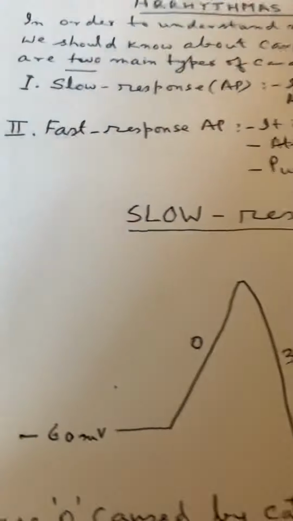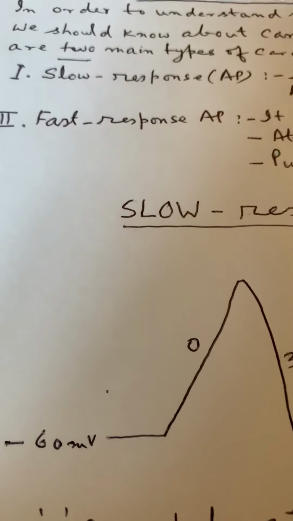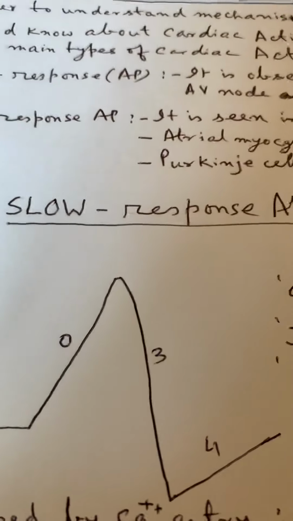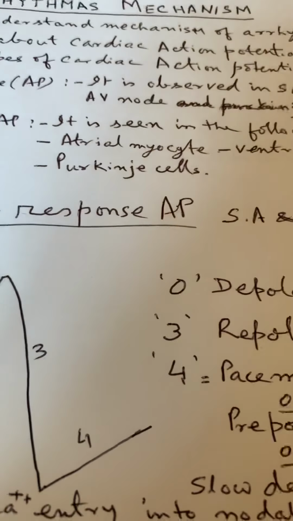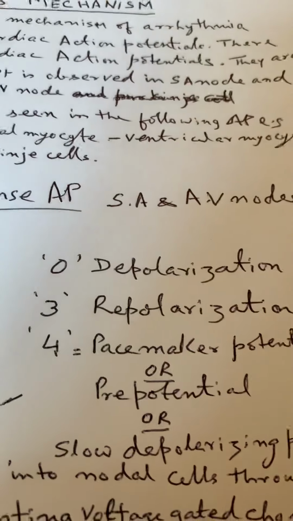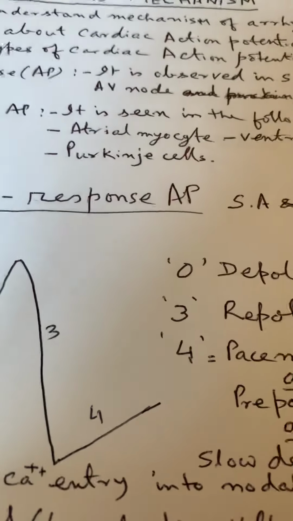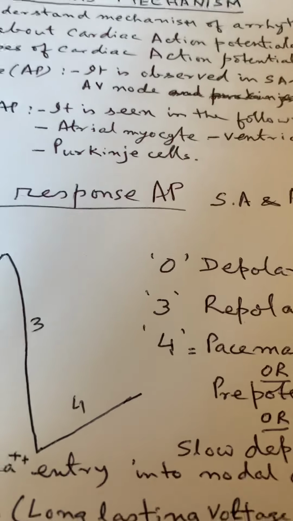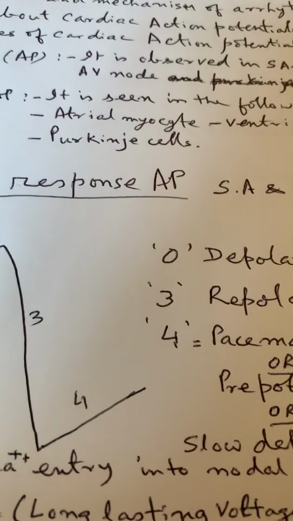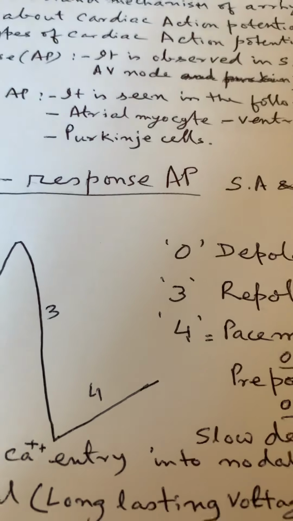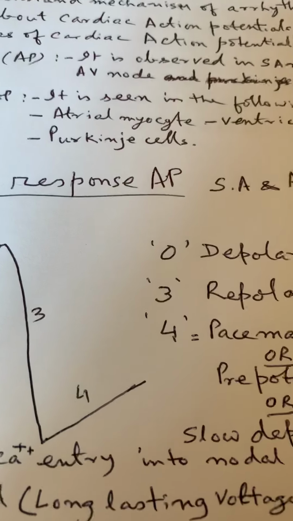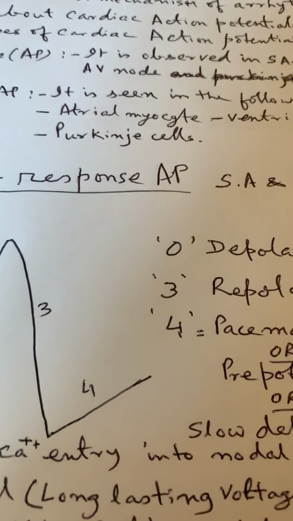Then there is another type which is known as the fast response action potential. It is seen in structures like the atrium, ventricular muscle, and Purkinje cells. So there are two different groups, and within the groups there are also variations.